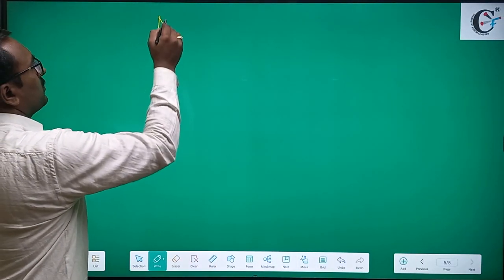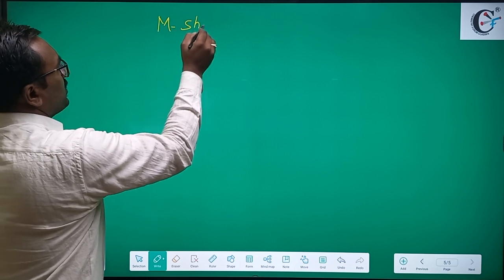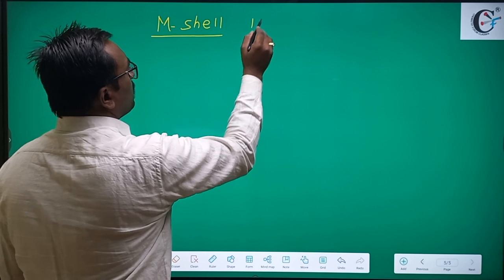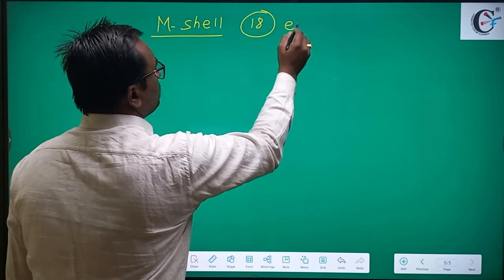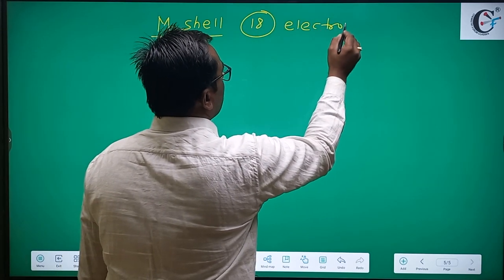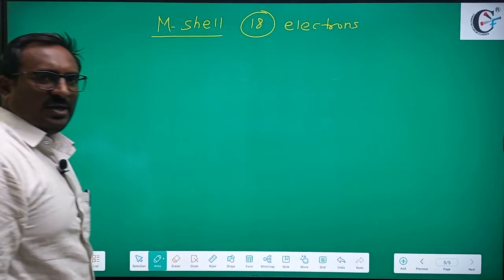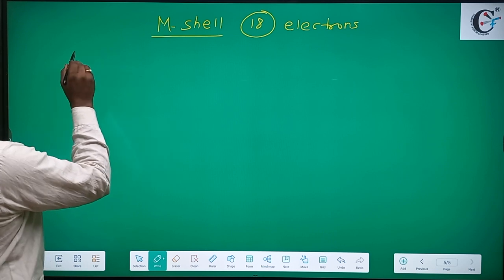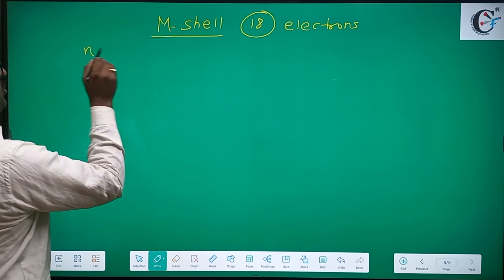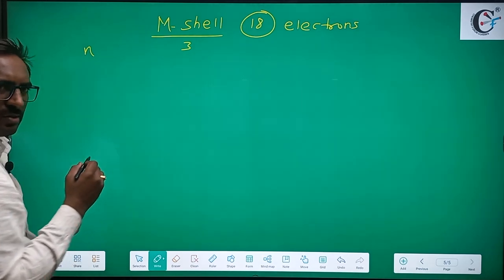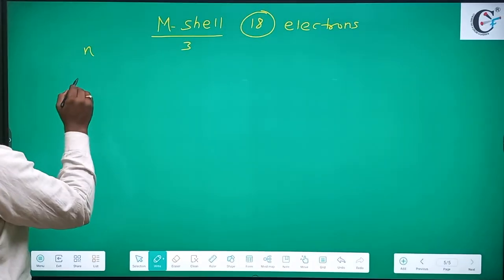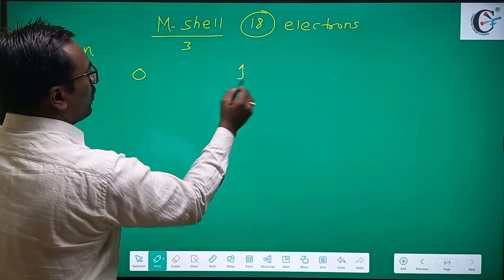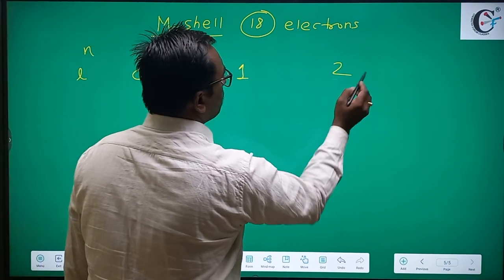M shell. For M shell, the maximum number of electrons is 18. So how are these 18 electrons distributed? They are distributed like this. That is M shell, value of n is equal to 3. If n is equal to 3, then l will have values 0, 1 and 2.